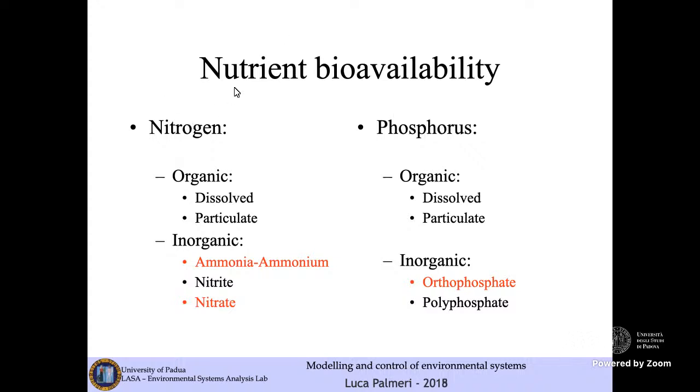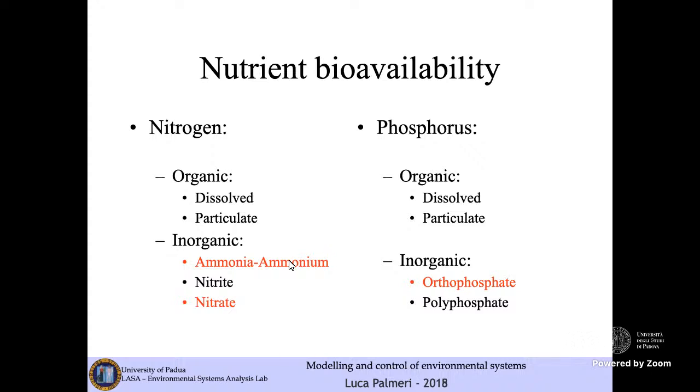In particular, for nitrogen, we may say that the organic part is dissolved or particulate, while the inorganic part may be ammonia and nitrate. Concerning nitrogen, the most available forms are ammonia and nitrate.